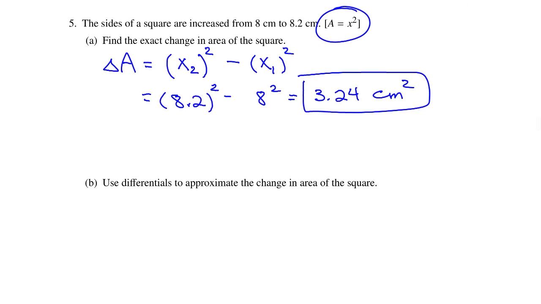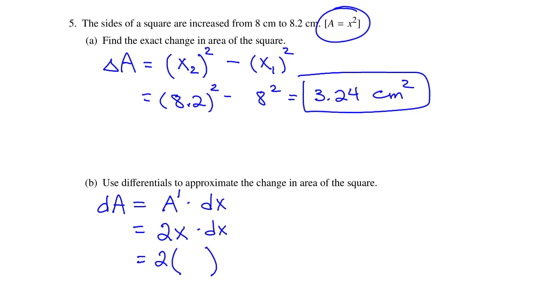B, use differentials to approximate the change in area of the square. So dA is equal to A prime times dx. A prime is the derivative of the area function, which is 2x, and then we multiply that by dx. So we're going to get 2 times, and you start with what the square started as.